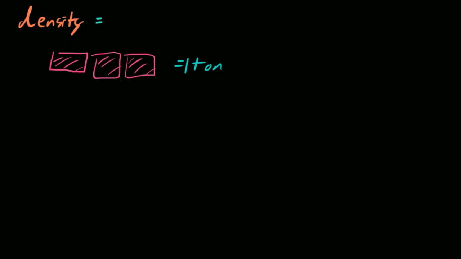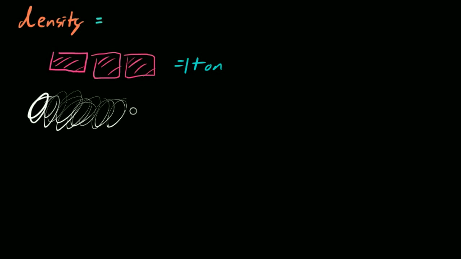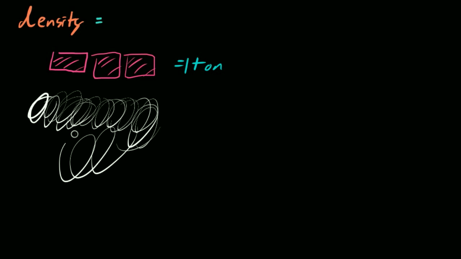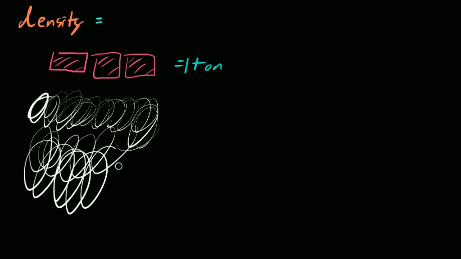But now let's think about if we were going to have a ton of feathers. We would need way more space. I'll just draw a whole bunch of white on the screen. It would probably fill up my entire screen.